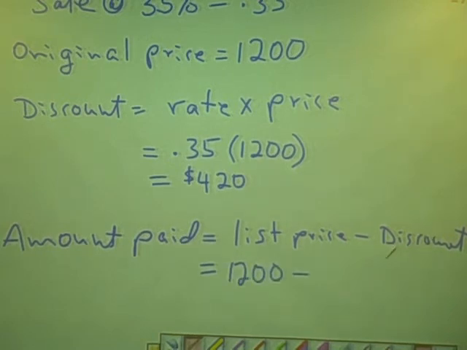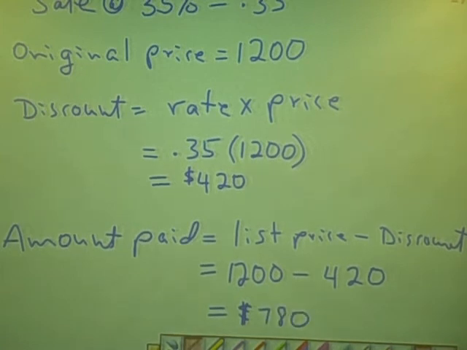Minus discount, how much is that? 420, right. And so we subtract the two and we get $780 as our new price after the 35% discount. Okay?